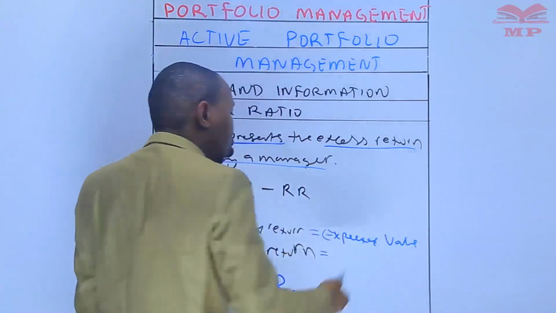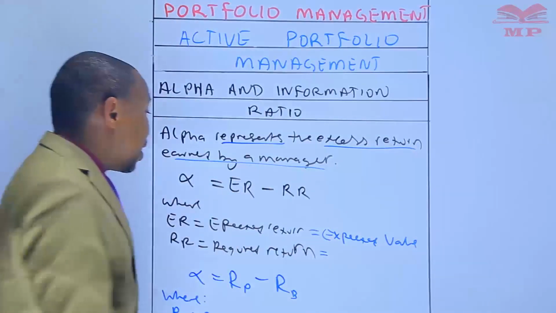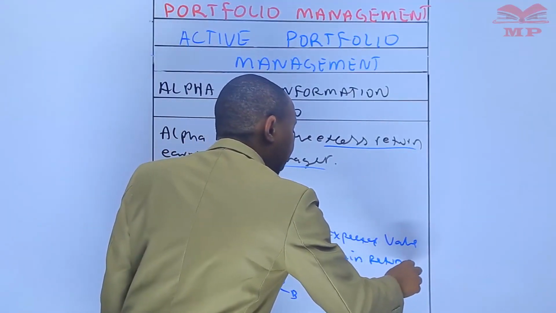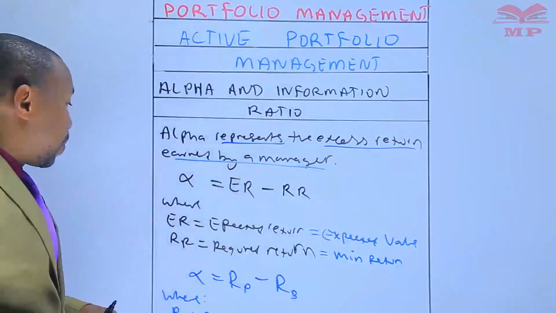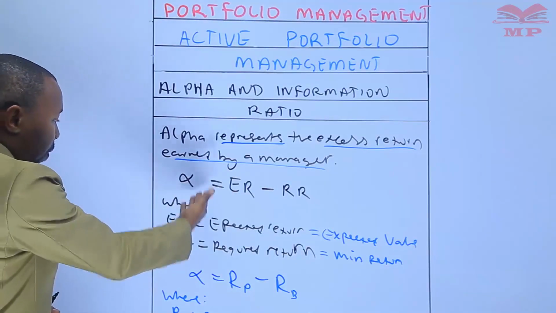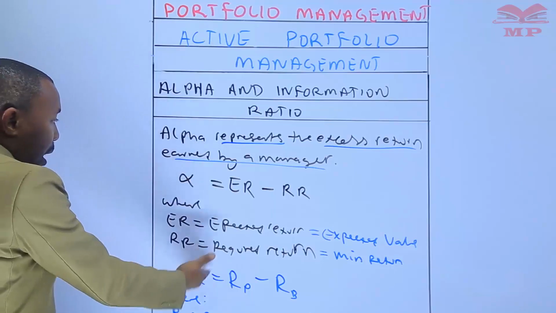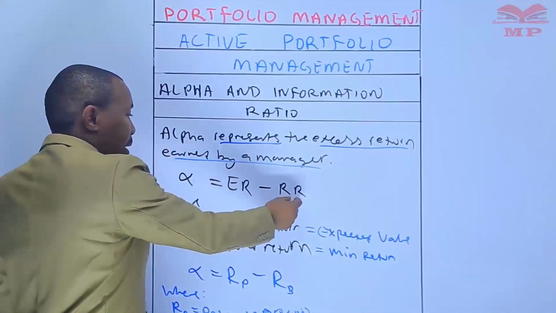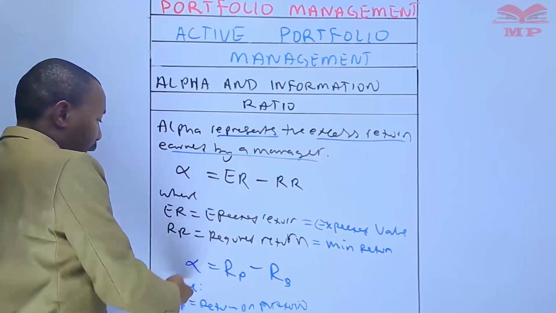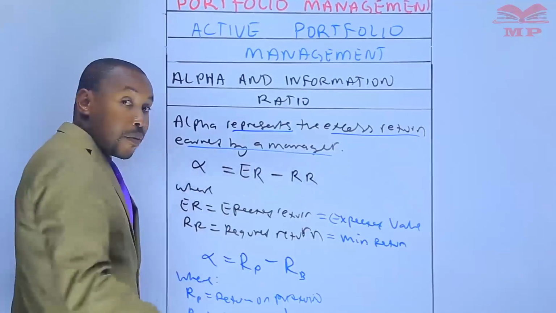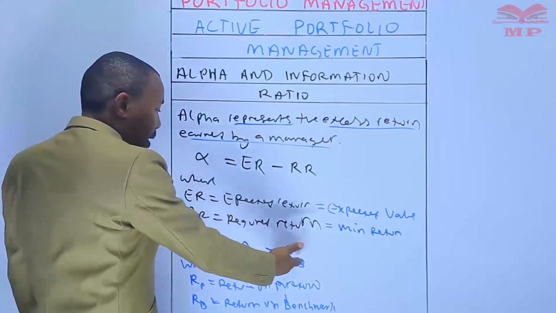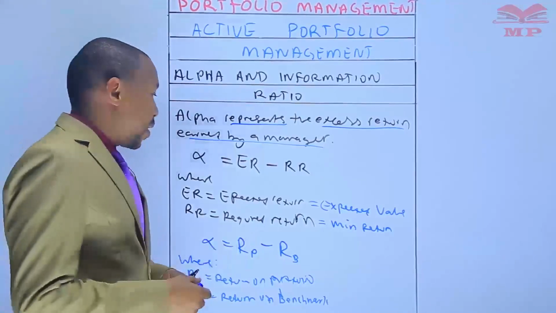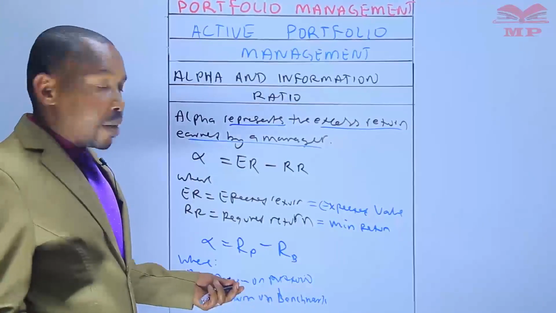The required return is the minimum return that the portfolio manager is willing to accept. Which formula you use depends on the information you have been given. In the other alpha, it is the return on the portfolio minus the return on the benchmark or index, if that is what you select to become a benchmark.